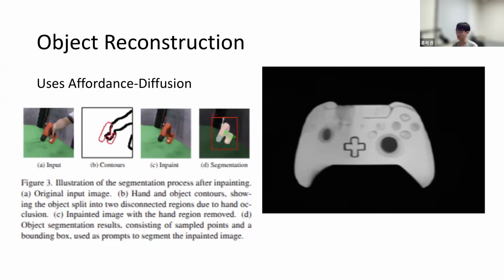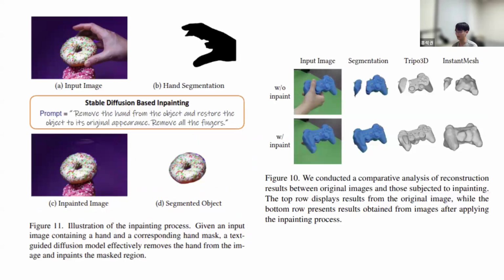The right image is the inpainted image that I showed previously. And this is the process of diffusion. The right one is the comparison of 3D meshes with inpainting and without inpainting.